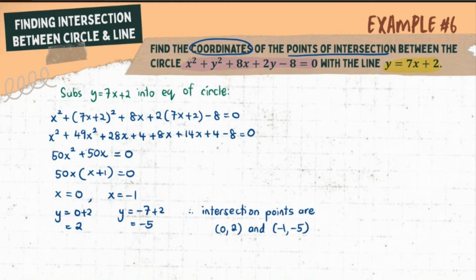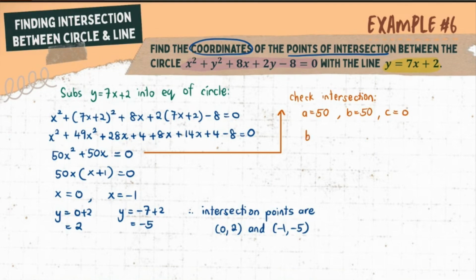But let's say we want to make sure how many intersection points there are. So actually from here, we can double check using the discriminant, to check how many intersection points. So my A is 50 and my B is 50 and my C is 0.